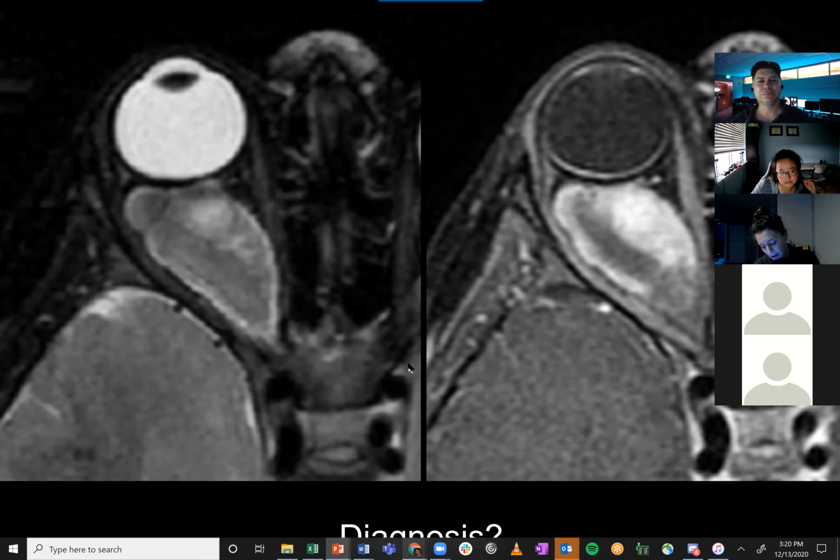Okay, so we have T2 weighted axial MR on the left and post-contrast axial MR on the right, centered at the level of the orbits. And there's expansion of the prechiasmatic optic nerve.